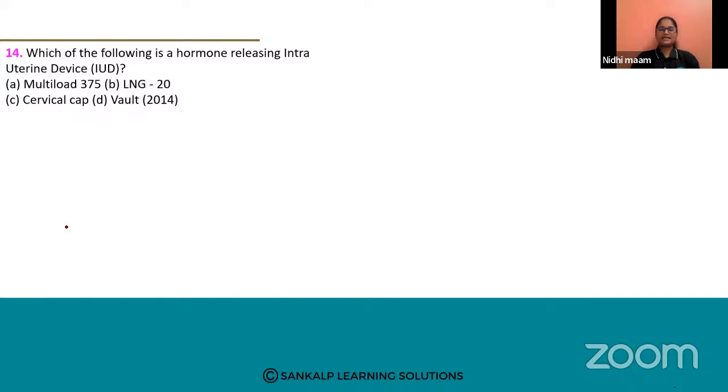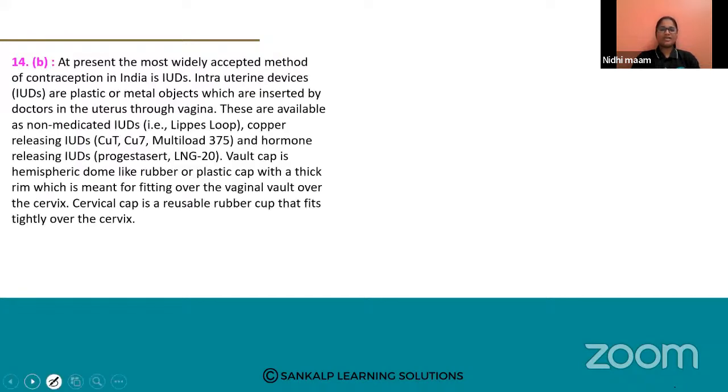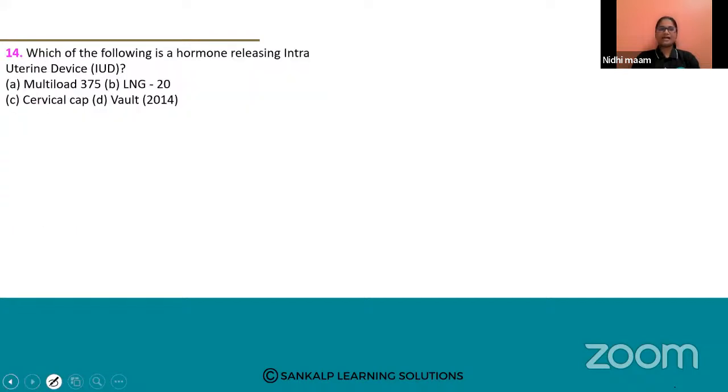Lubna answered it. Kirti answered it. Right answer again, option B, LNG20. Multiload 375 is a copper releasing IUD. Cervical cup and vault are barrier methods.